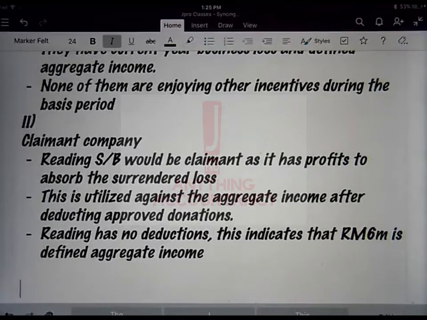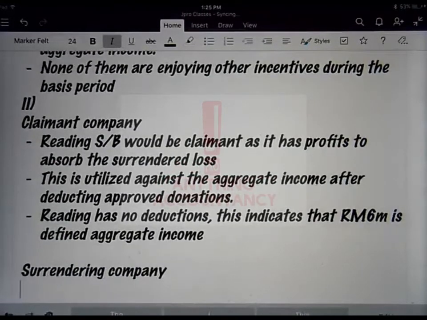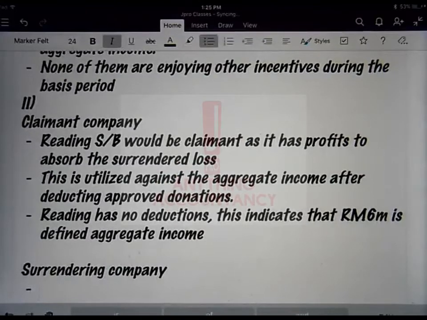Next one is the surrendering company. Who's the surrendering company? In this case, this one is going to be Copy.